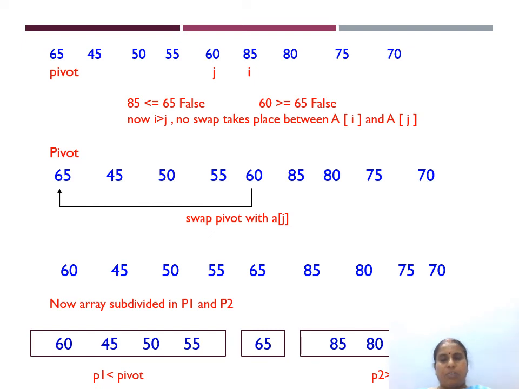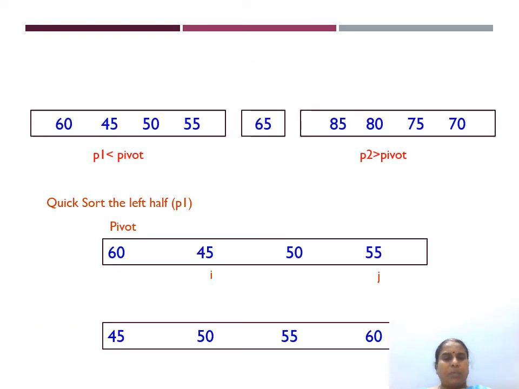Again, the same procedure we have to follow. Here again the first element will be taken as a pivot and then it will be compared with the i and j pointers. Likewise, subarray 2 will be solved separately. For example, the left half P1 will be sorted as 45, 50, 55 and 60.